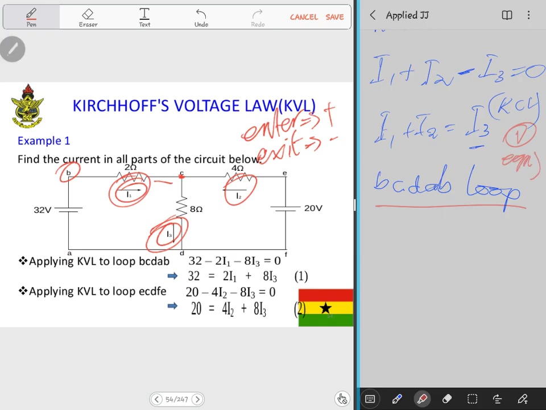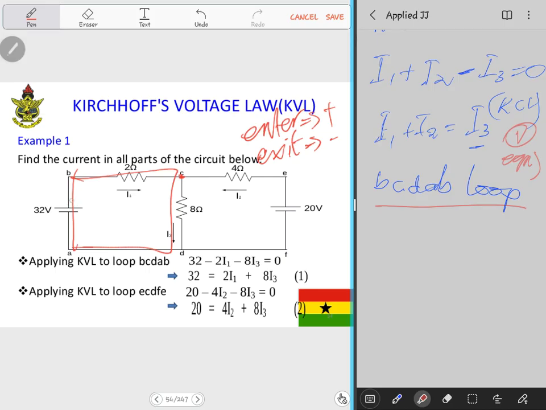Because we want equation 2, you can use any other loop that you want. So we are using this loop BCDAB. Let's write it here. Looking at this one, how many voltage sources? Just one, right? I'm writing by V is equal to IR. Voltage source is 1. The loads are these ones, so 2, and then the current is I2.